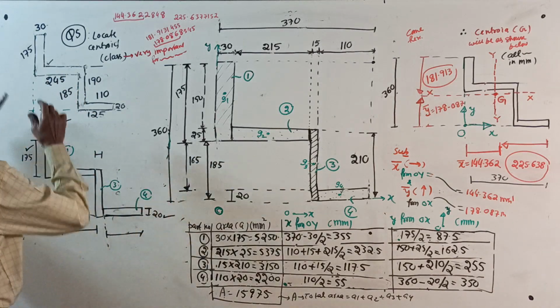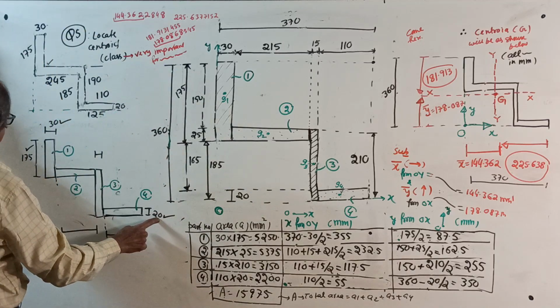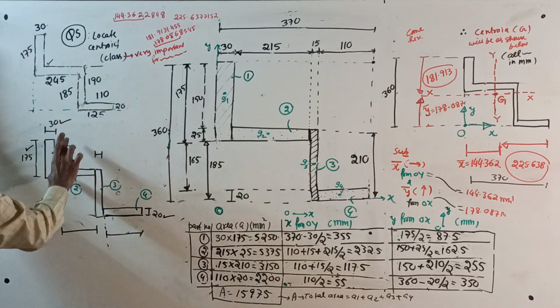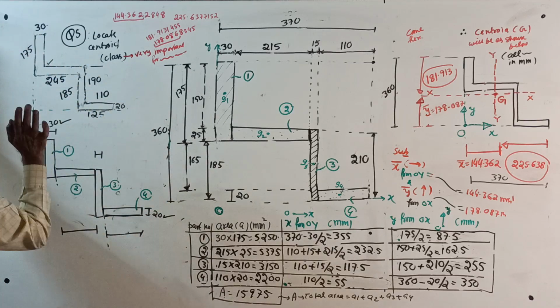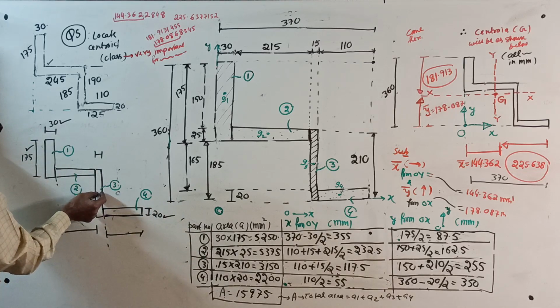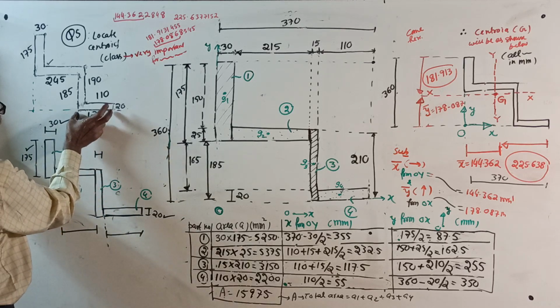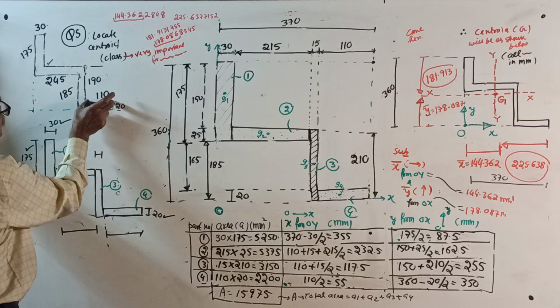First write 30, already given, 20, already given, then 175. This full 175 is already given. No struggling now. Now you require this thickness. I already told you how much: this is 125, this is 110.